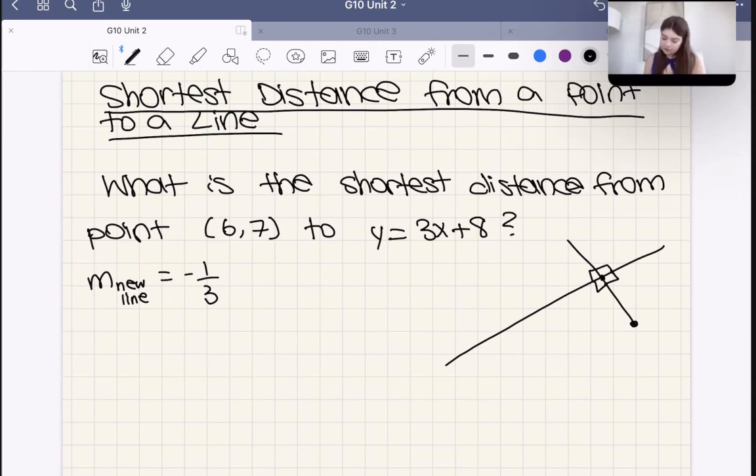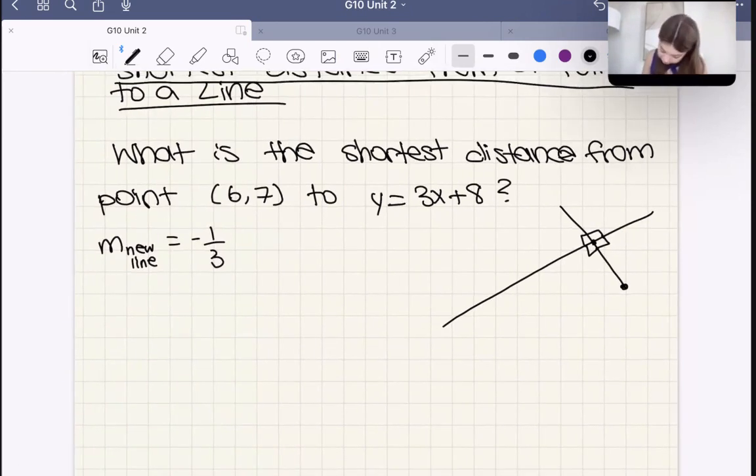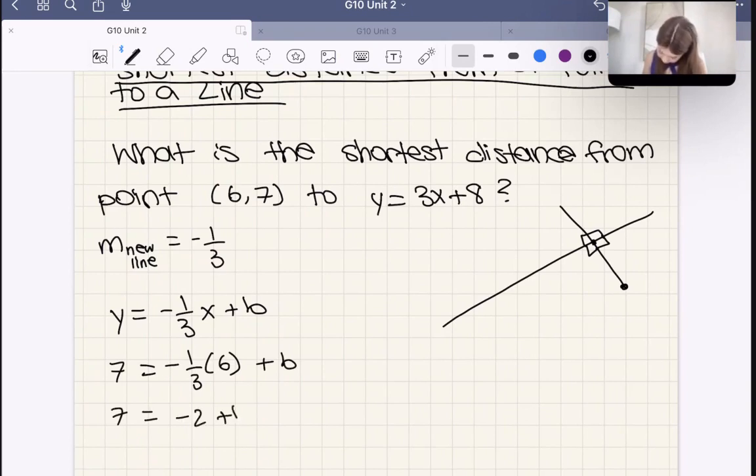Let's do that: y equals negative 1/3 x plus b. Let's find the y-intercept by recognizing that a point on this new line is (6, 7). So b equals 9. Therefore, the equation of our new line is y equals negative 1/3 x plus 9.